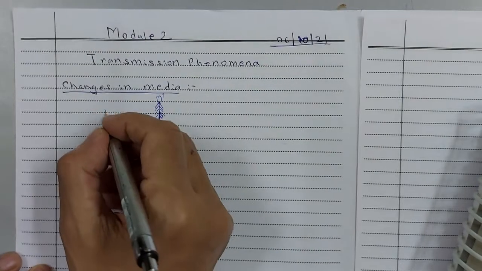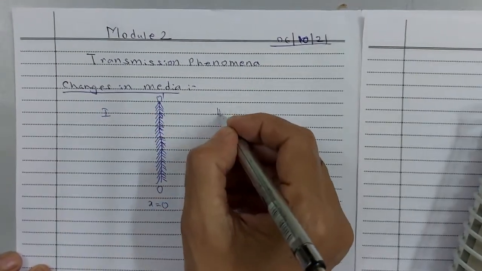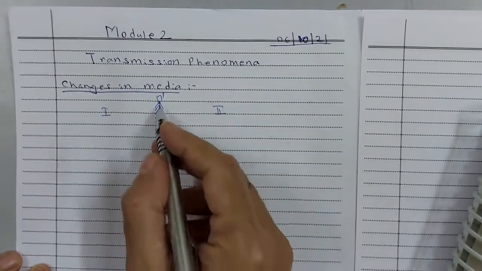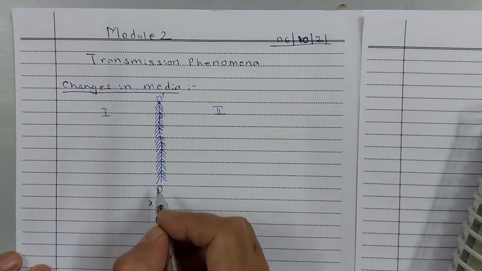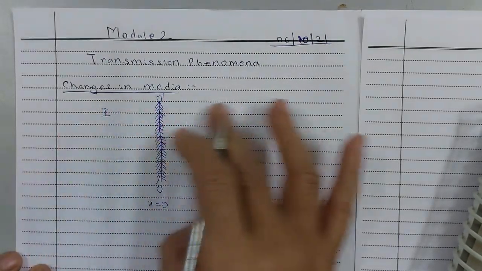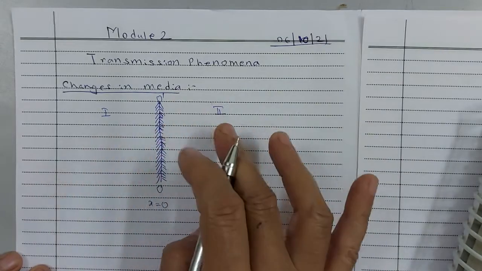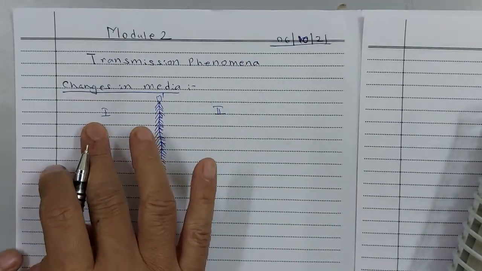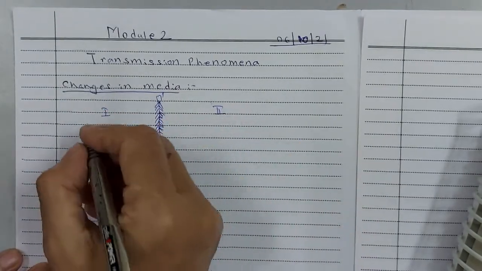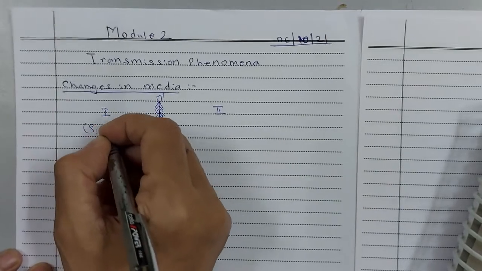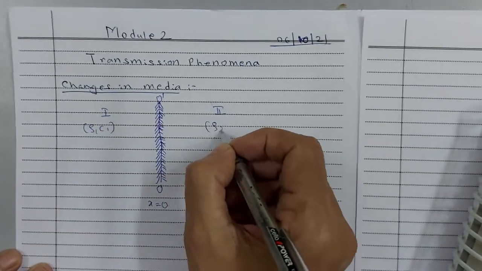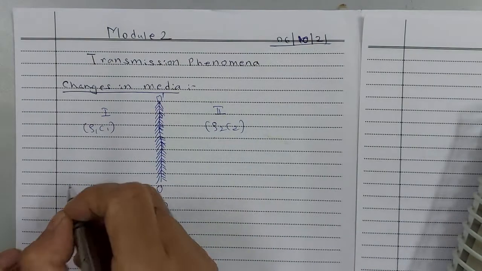This is my medium 1, this is medium 2. This boundary has divided the one part into two parts. Part 1 has rho 1 C1 characteristic impedance and rho 2 C2 for the second part.